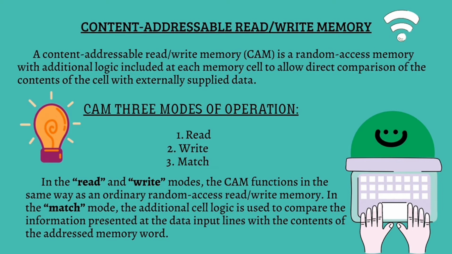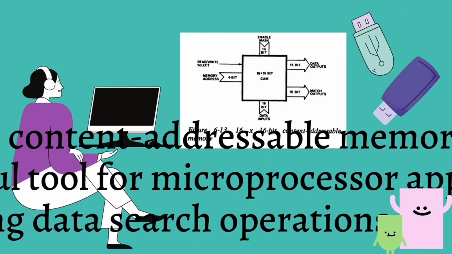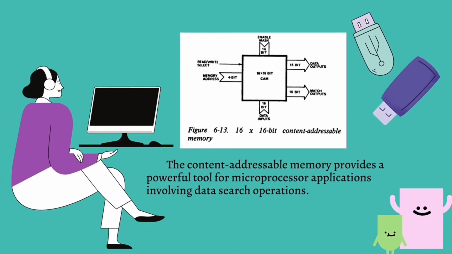In the read and write modes, the CAM functions in the same way as an ordinary random access read and write memory. In the match mode, the additional cell logic is used to compare the information present at the data input lines with the contents of the addressed memory word. The content addressable memory provides a powerful tool for microprocessor applications involving data search operations.